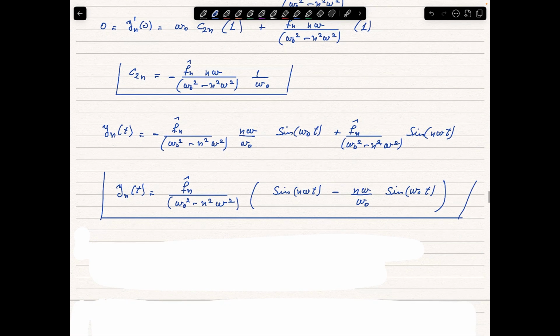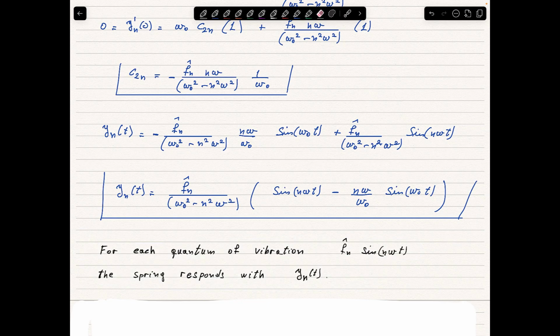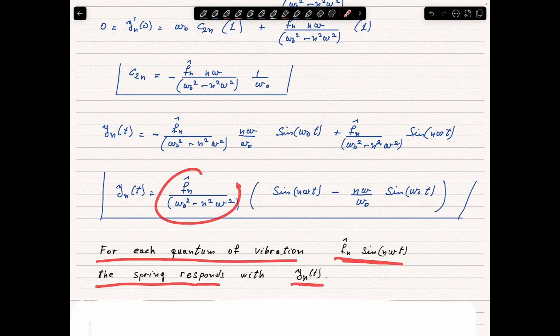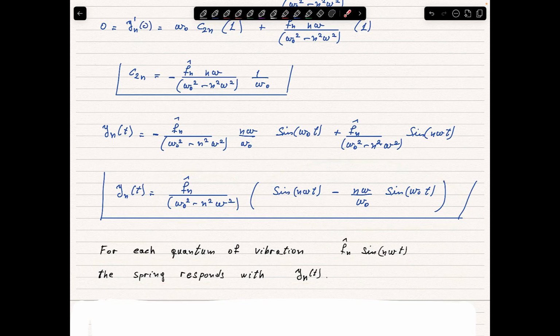So what we are saying here is that for each quantum of vibration, the spring is going to respond with this solution here. So what is the total solution? Well, we add up each term on the force, and then we know that the total solution is going to be the addition in n of all these solutions.